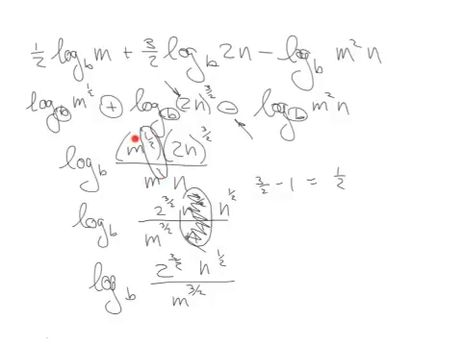And that negative, it would be m to the negative 3/2 on top, but that negative means that we move it to the bottom and take the minus sign off. So we end up with that. Alright, so let's keep going. Now one of the things you notice is that they all have a denominator of 2 in the exponent.